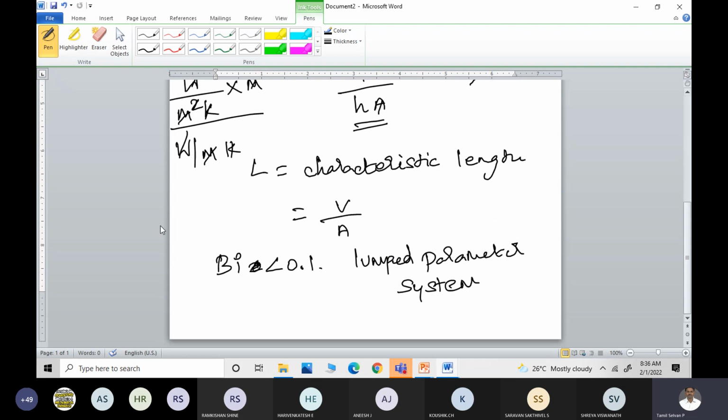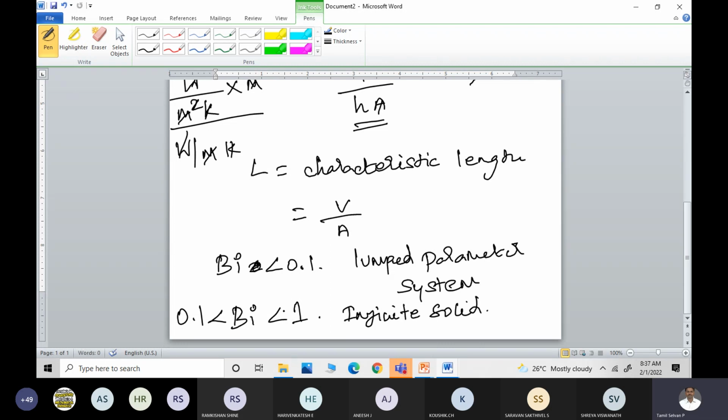In that case, the Biot number will be less than 0.1, and that unsteady state heat transfer system is assumed to be a lumped parameter system, LPM. The second case is the Biot number from 0.1 to 1, then we assume it as an infinite solid.